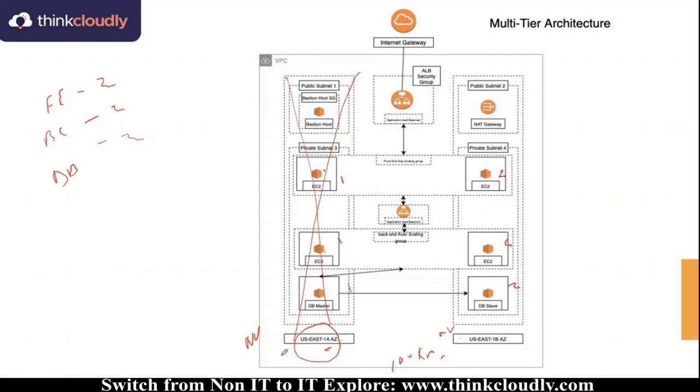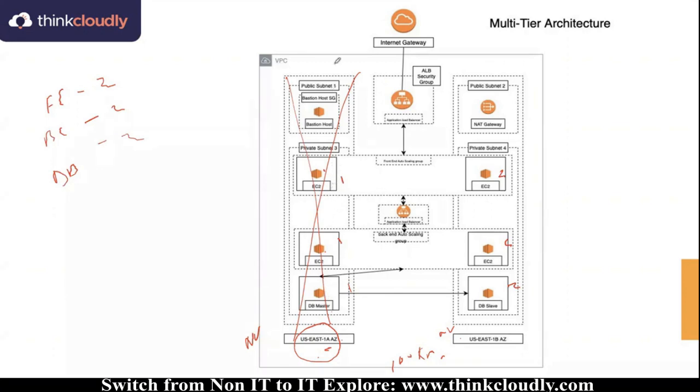Let's imagine Ukraine right now. Let's imagine this one is in Ukraine and Russia has attacked Ukraine. So complete Ukraine is a war zone, and there is no data center which will be working right now. So this data center has gone. Now, if my application is running, will I be able to do business?